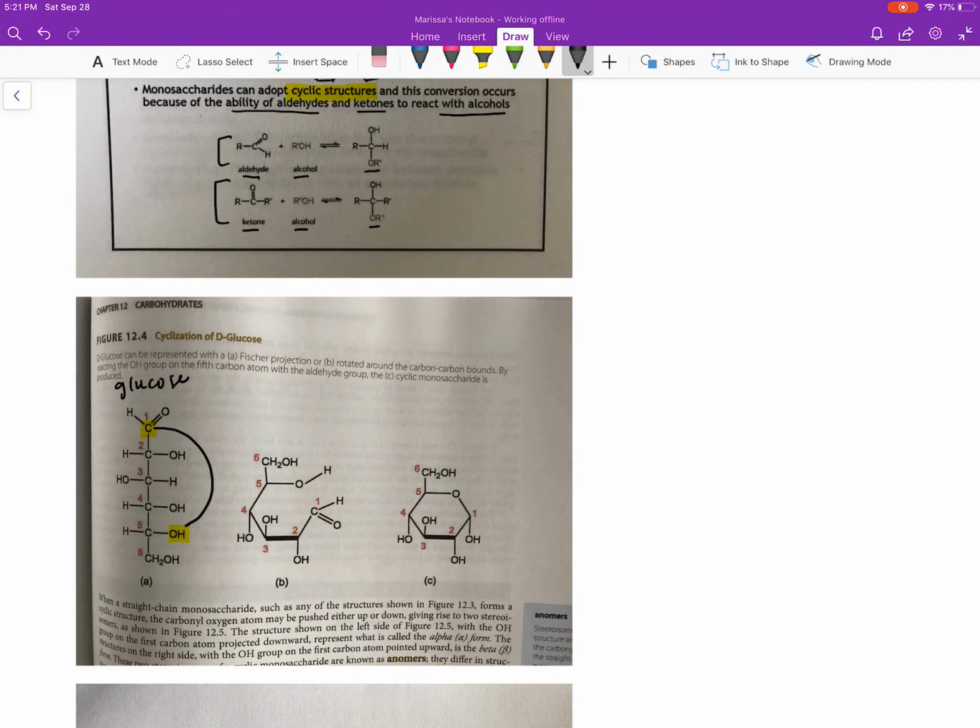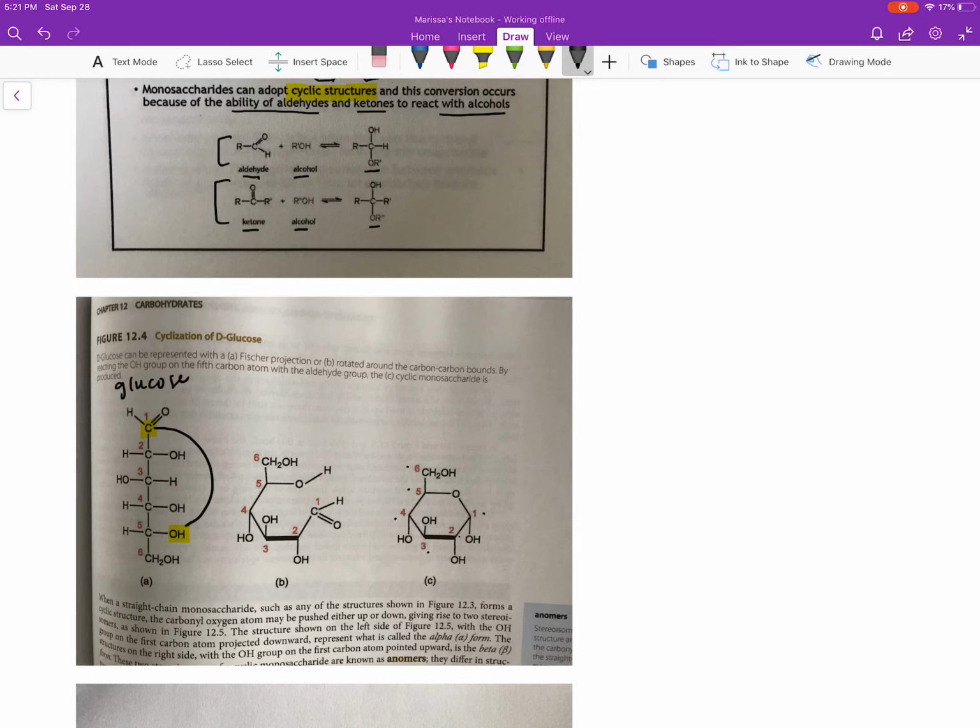That means carbon 6 is now up at the top instead of the bottom, and it bends around, closing the loop, if you will. In the end, we have 1, 2, 3, 4, 5, 6.